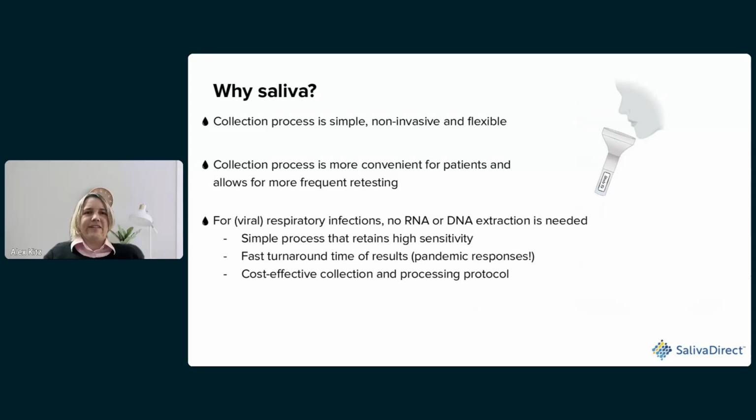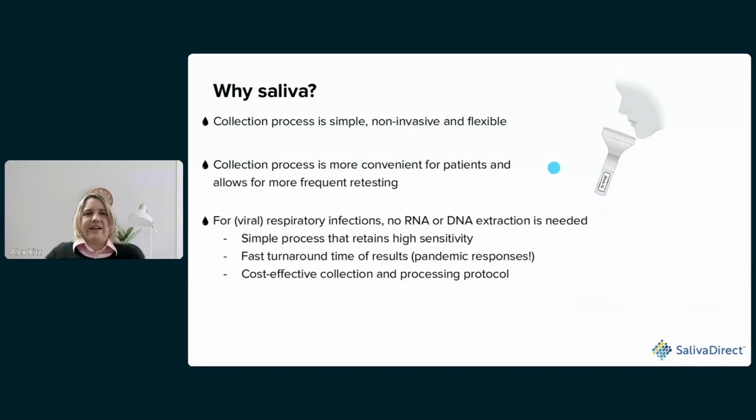Why do we focus on saliva as a sample type now? The collection process for saliva is very simple, non-invasive, and flexible. As you can see on the right-hand side here, the patient can just passively drool into a tube, and that is the whole collection sampling process. That makes the collection process itself more convenient for patients and allows for frequent retesting because of its non-invasive nature.